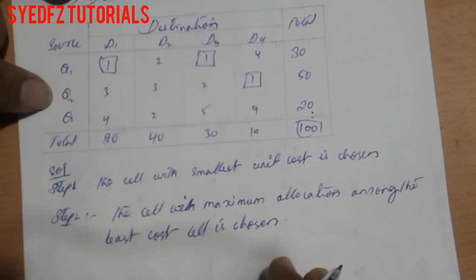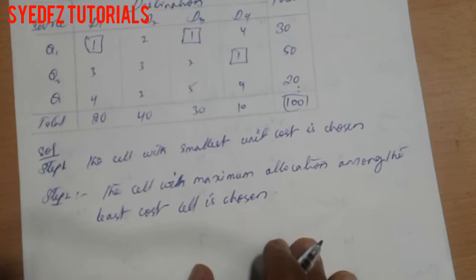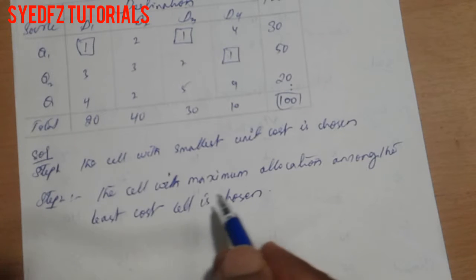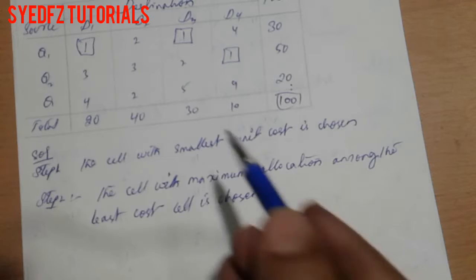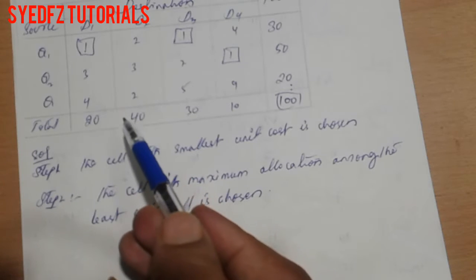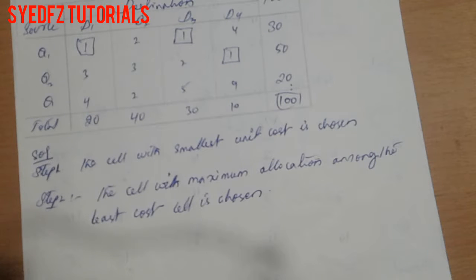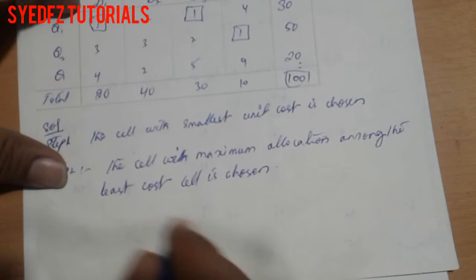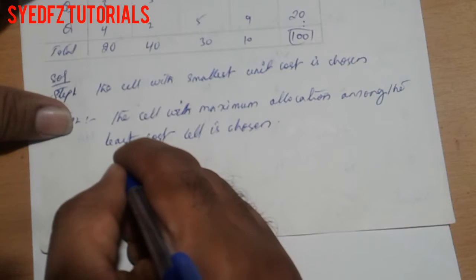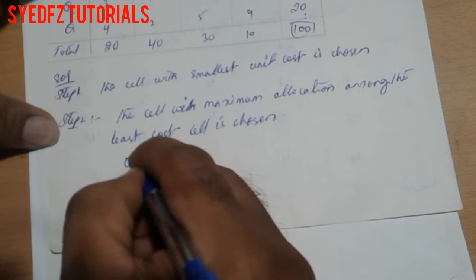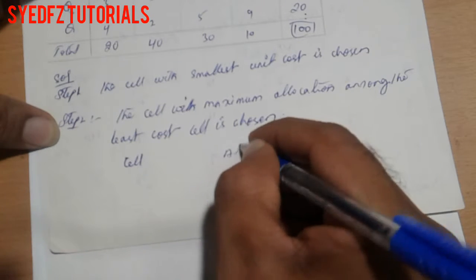We have got three answers, so within the three, the one to which we can allocate the maximum is where we should start the problem. How can you do it? Let's take a working note like this. In step 2, this is the cell, this is the allocation.